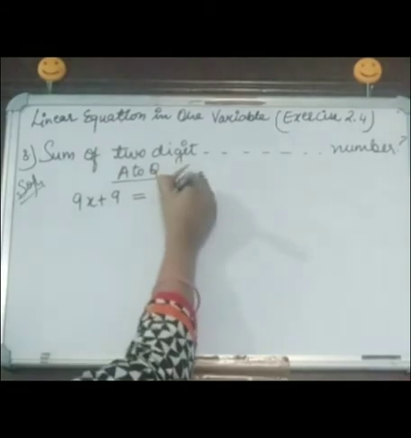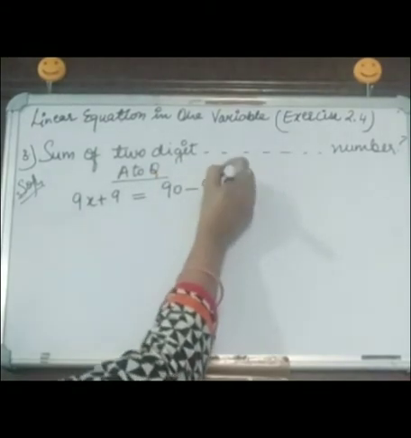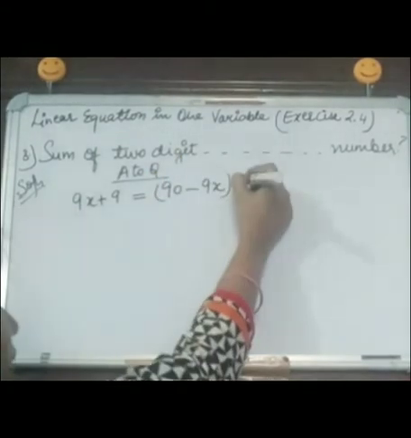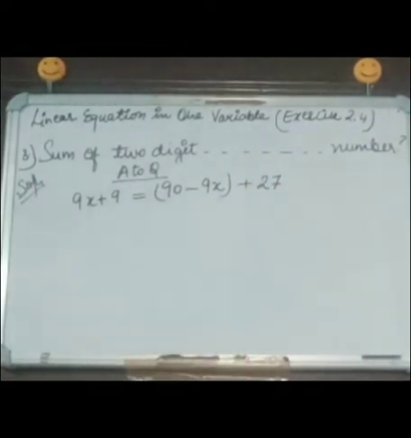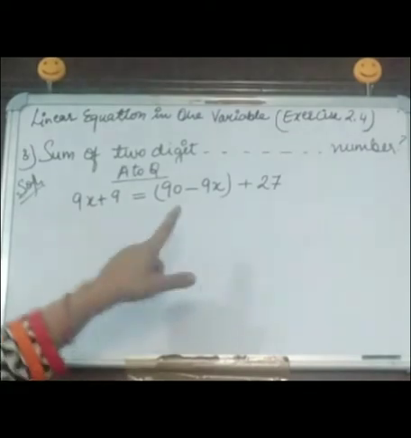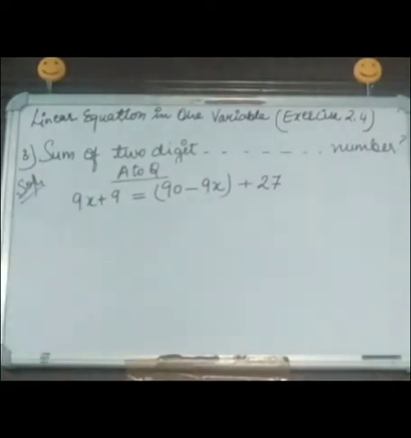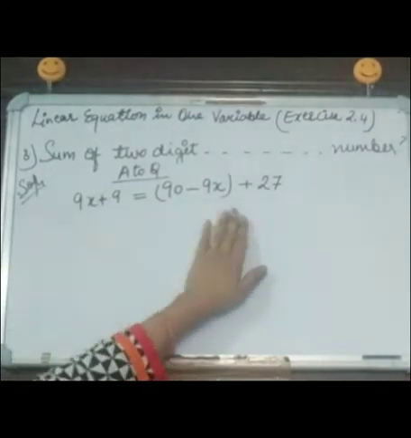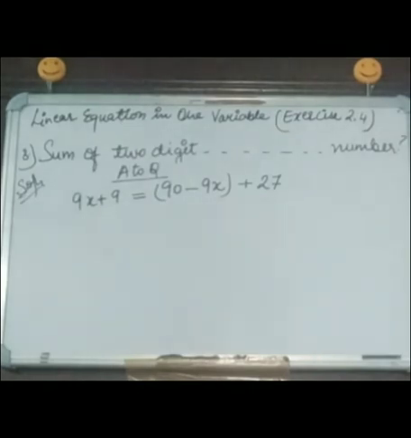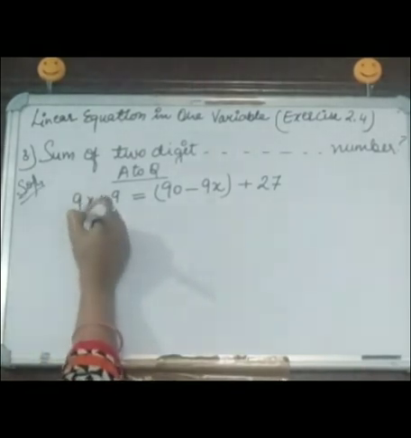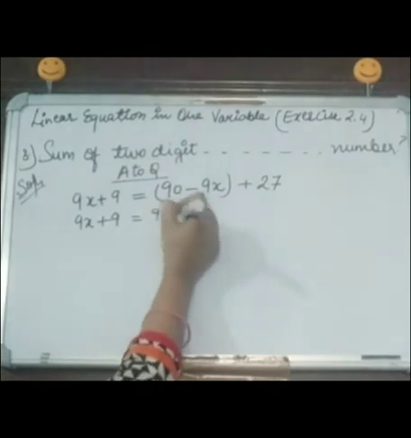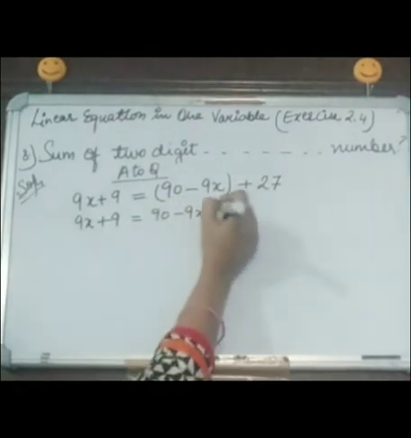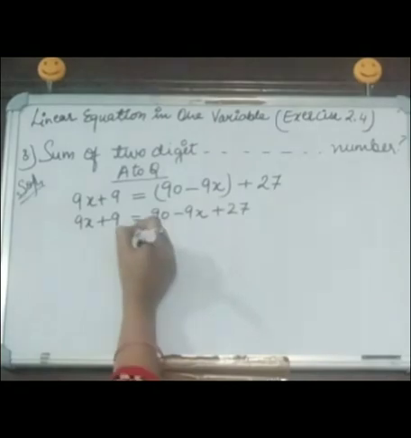That is 90 minus 9x. When this is added with 27, it will be equal to the new number. Now this is the equation which we have to solve. So 9x plus 9 is equal to 90 minus 9x plus 27.